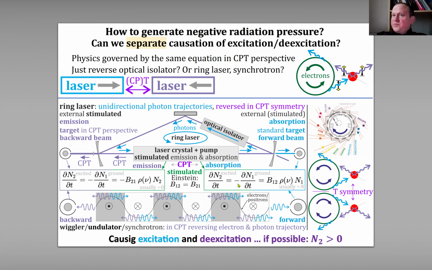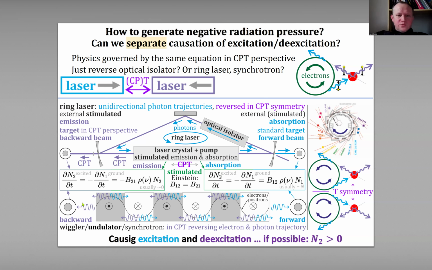In our perspective, it should act in the second equation, the stimulated emission equation. So like a synchrotron, it should cause both the excitation here and the de-excitation here, acting with the two equations: push with positive radiation pressure here, and pull with negative radiation pressure from here.